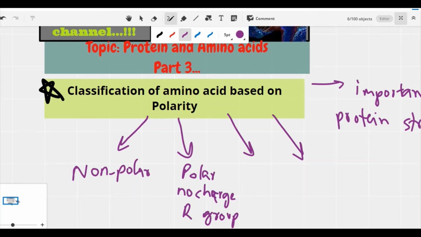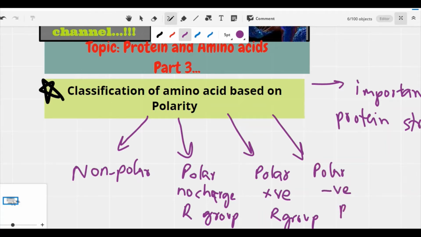The third classification, you have to remember, is polar with positive charge on the R group, and the fourth one is polar amino acids with negative charge on the R group.